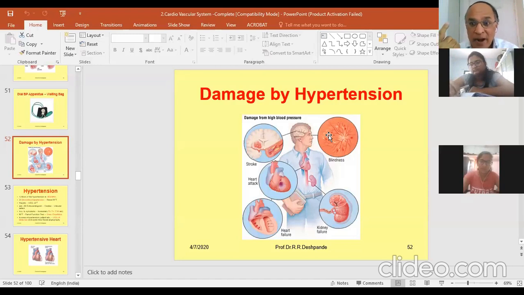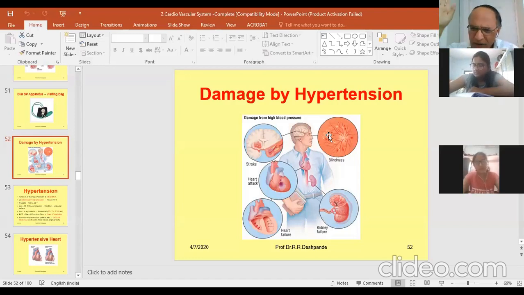And one bad day, he may lose his eyesight. Shock, oh my God. And then if you find the history, patient was diagnosed 3 years back for hypertension. And he took the treatment sometimes.